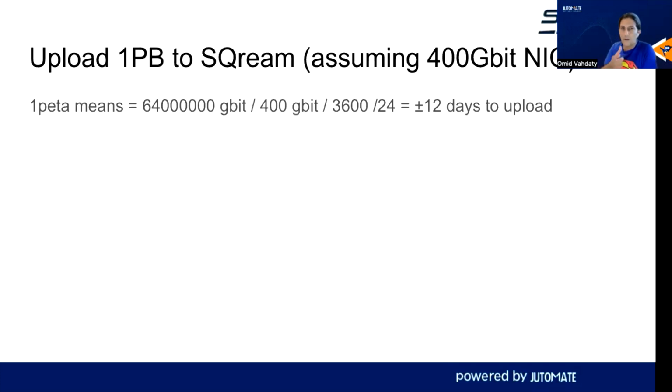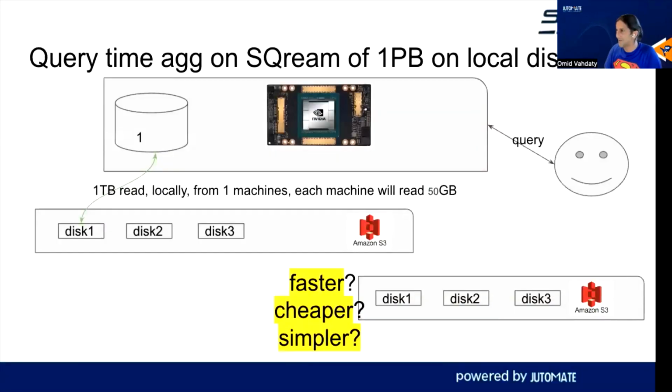You can use one very powerful NIC per instance in your cluster, and it essentially cuts down the insert time drastically. So if you are working on workloads which contain a huge amount of data and the velocity is in the petascale as well, considering insert time might be a very good point of reference when you compare technologies.